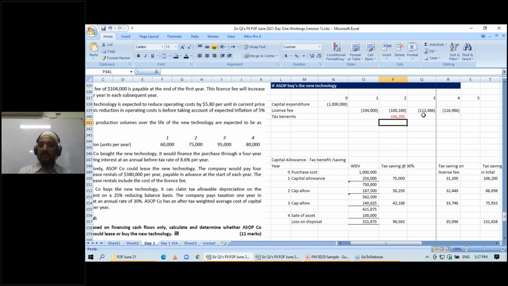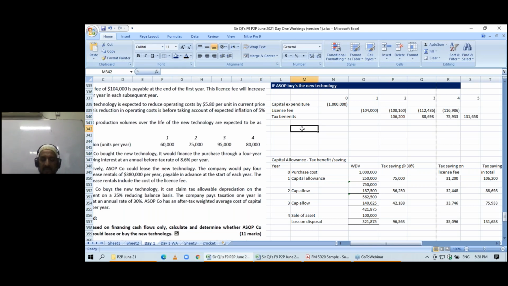And then the second year's tax payment will occur in the third year. So 88,698 saving will occur in the third year. This is related to the second year, but as the taxes are payable in arrears, they occur 1 year later. And then the fourth year's tax saving occurs in the fifth year. So there we get the tax savings.